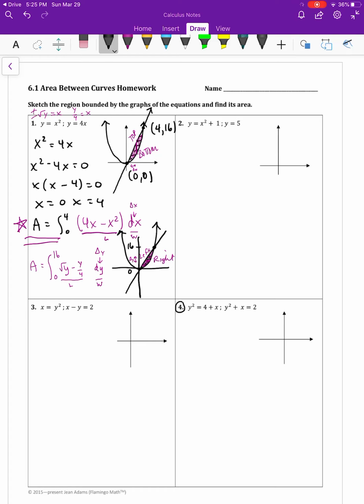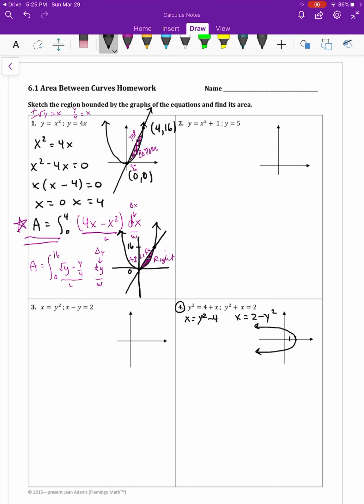And now I'm going to go down to problem number 4, and I just wanted to talk about that for a minute. If you were going to sketch this, you've got your x equals 2 minus y squared. So this is going to be going this way.